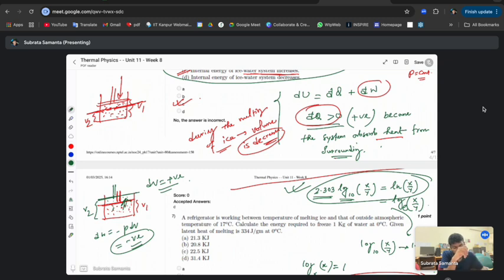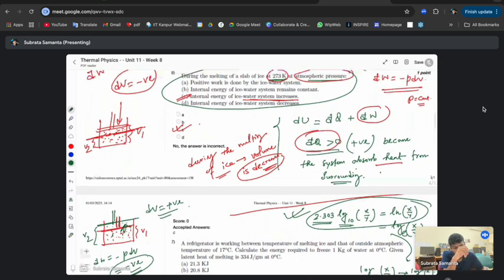But in some books, they use a minus sign here, so dW changes between negative and positive. So the convention is important.